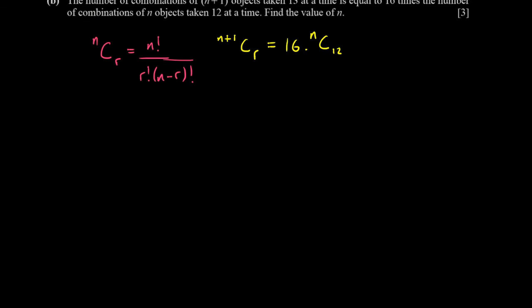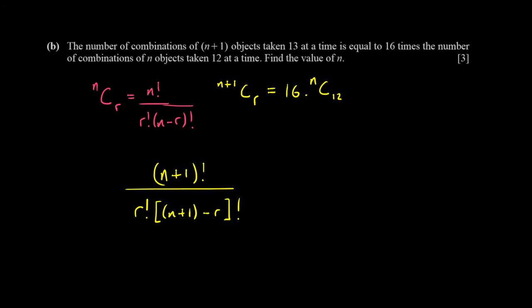Sorry, I bunched it up a little bit. So n plus 1 C r will be equal to n plus 1 factorial over r factorial, and then we've got to be a little bit careful here. We've got n plus 1 minus r factorial. Oh, sorry. That r should be 13, shouldn't it?